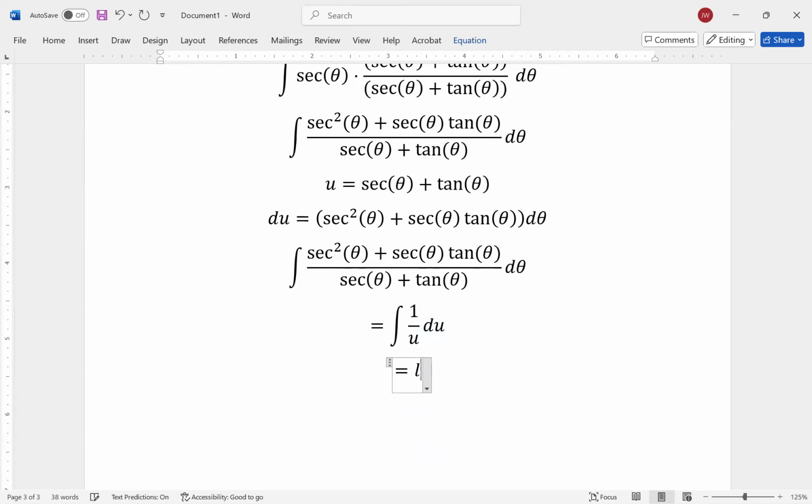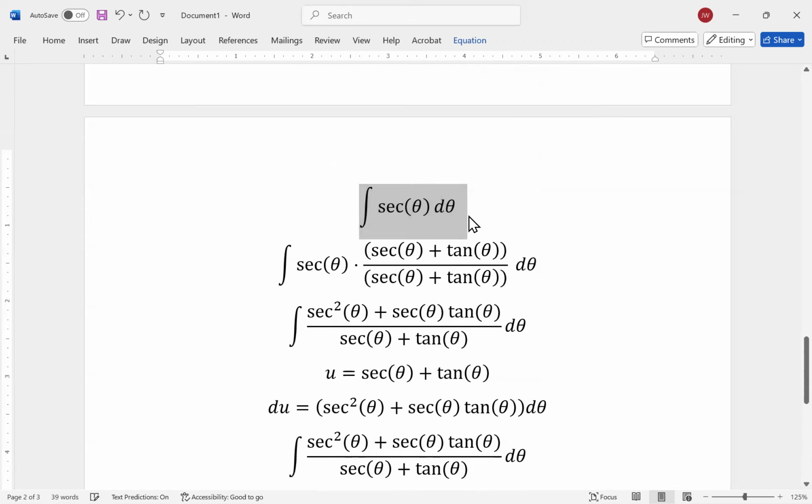So we end up with natural log of u plus c. And then remember, the u was simply secant plus tangent. So the antiderivative of secant becomes natural log of secant plus tangent plus c.